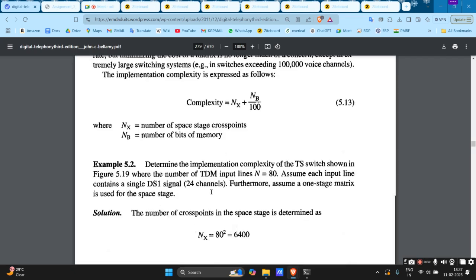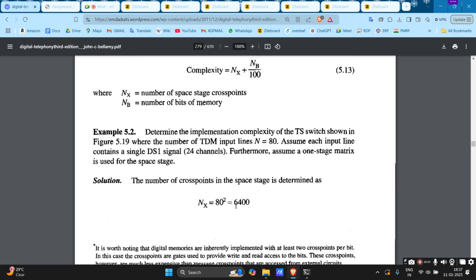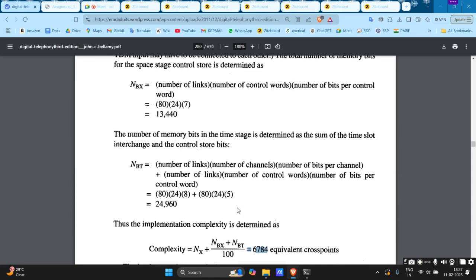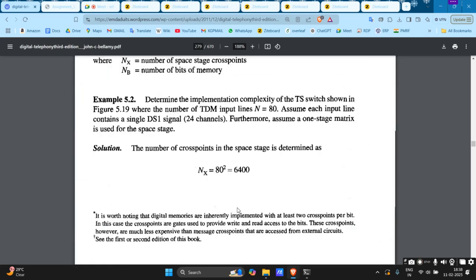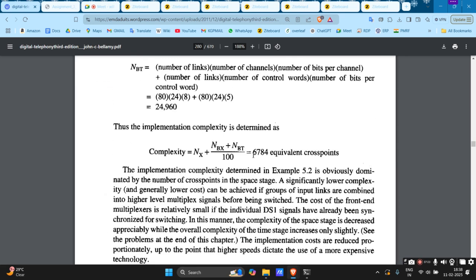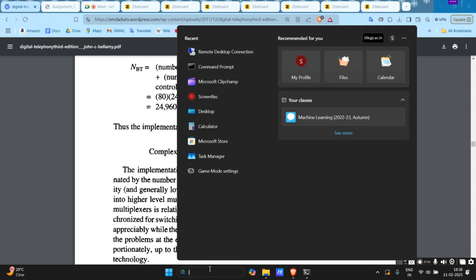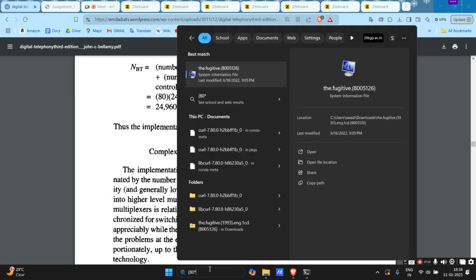If you used a purely space switch, since there are 24 channels and there are 80 users, you would need 80 into 24 whole square cross points, which is a huge number.